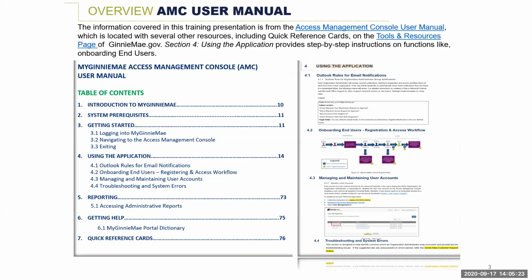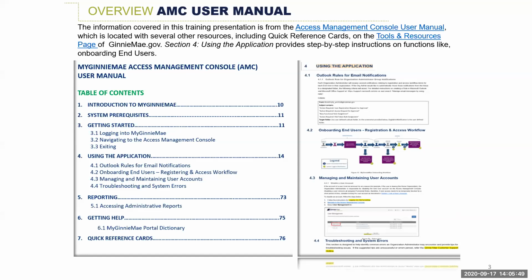First and foremost, we want to introduce you to the Access Management Console User Manual. If you go to the GinnieMae website on ginniemae.gov, there is a section on issuer training, and underneath that is a subsection called Tools and Resources. On that page, we have user manuals, quick reference cards, training presentations, as well as training recordings that will all help you navigate your responsibilities in MyGinnieMae.